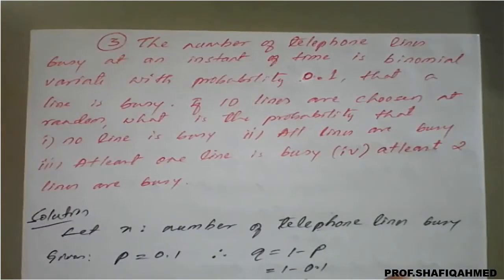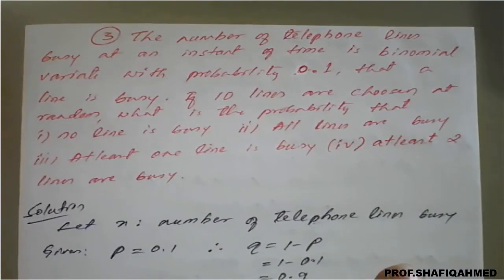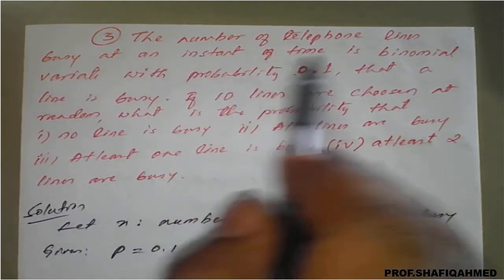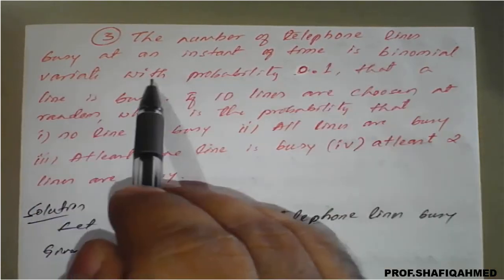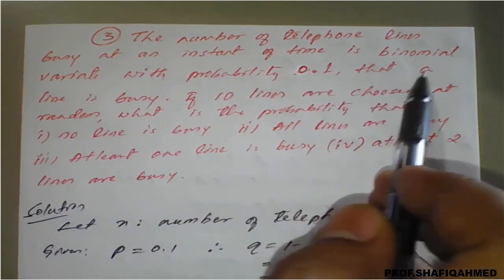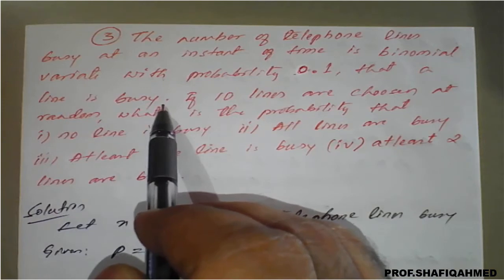Next question is, the number of telephone lines busy at an instant of time is a binomial variate with probability 0.1 that a line is busy.